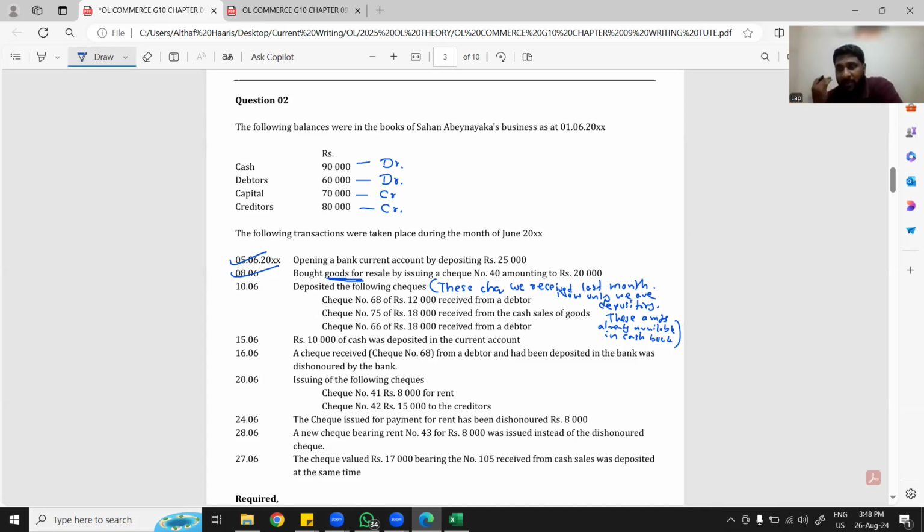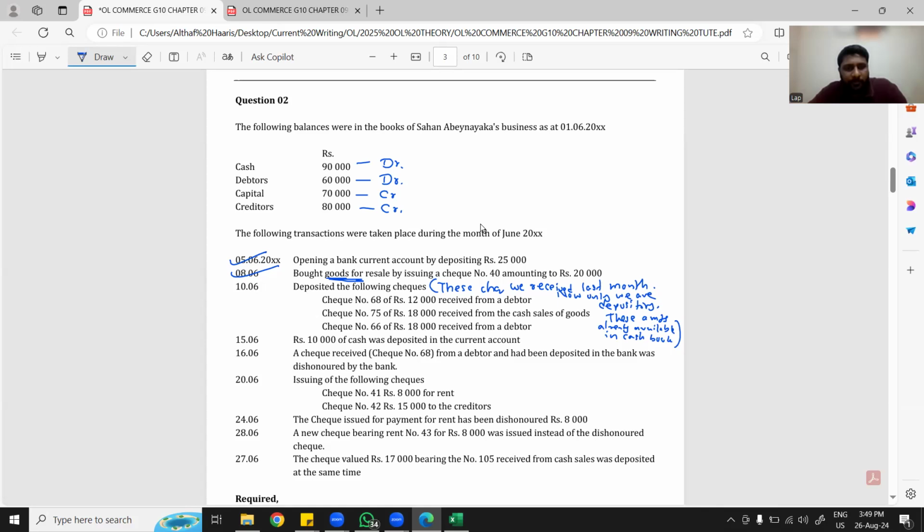The checks which I received last month, I kept in my locker, and this month only I am depositing them. All these monies are in my cash book, so we have to remove them from the cash book and put them to the bank. So let's put all three: 68, 75, 66.